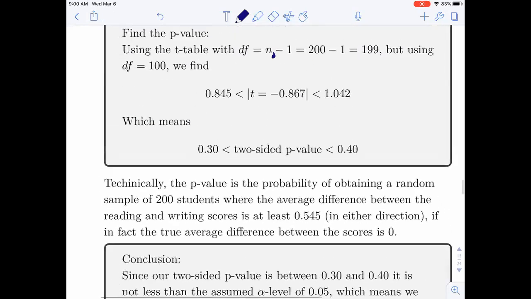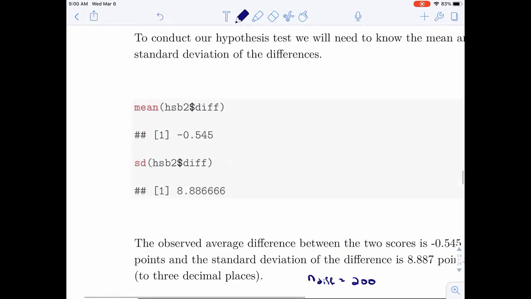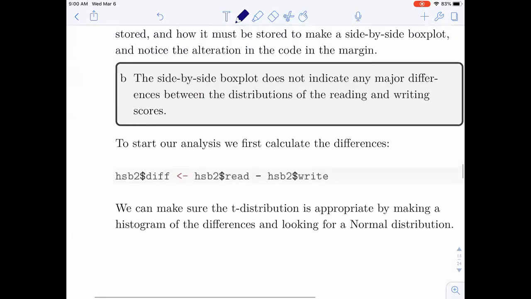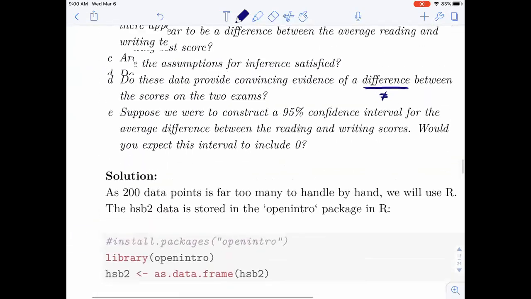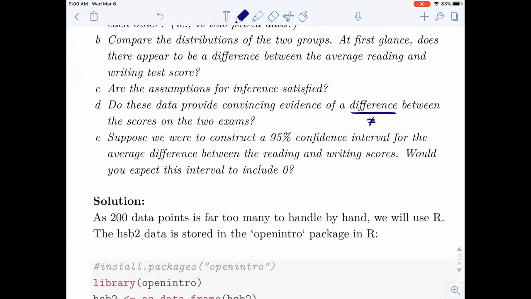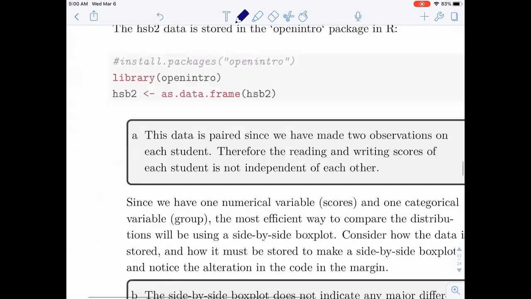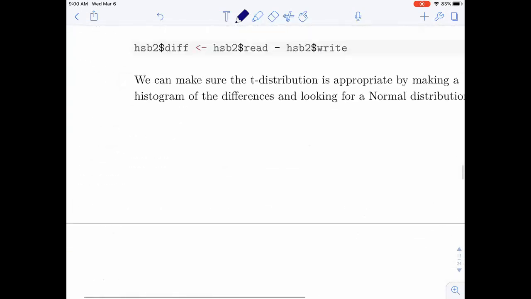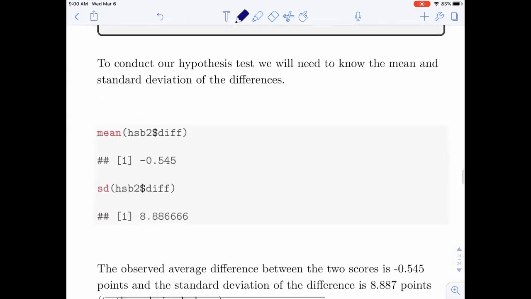Okay. So then the final part on here. Suppose we were to construct a 95% confidence interval for the average difference between the reading and writing scores. What would you expect, would you expect this interval to include 0? Yes, right? Because we just decided that we can't reject the null hypothesis. The null hypothesis says that the mean difference is not significantly different from 0.